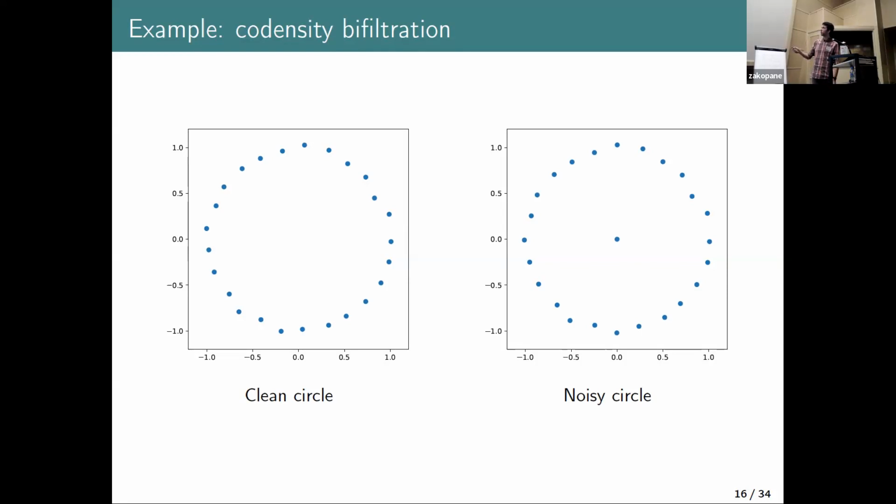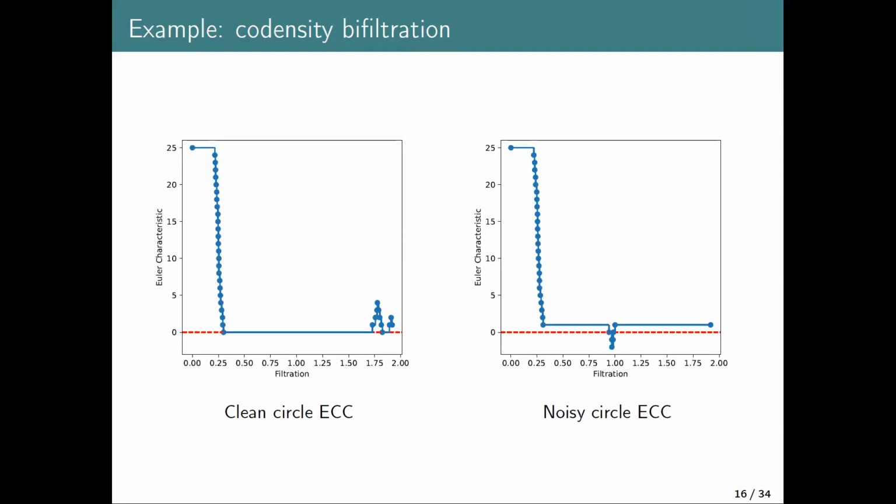If I compute the Euler characteristic of these two things, for the clean circle I have a very long bar here at 0, which signifies that I have my hole, because the Euler characteristic of a circle is 0. But if I have my single point in the middle, you don't see the circle anymore, because everything becomes connected, and so the Euler characteristic is 1. Here you have some wiggles, but this very rapidly disappears.